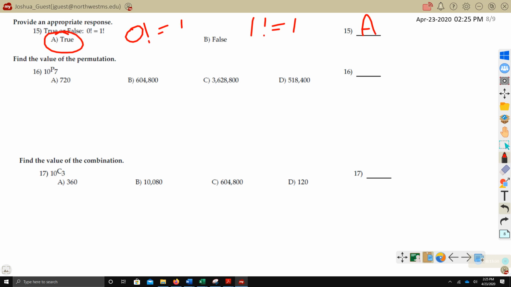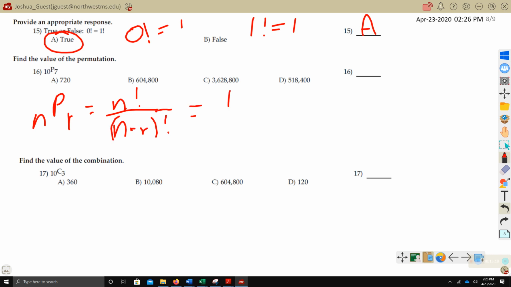All right, so find the value of the permutation 10P7. Look, put it in your calculator. I mean, you just put it in. But if you don't know how to do that, you need to remember the formula then. nPr equals n factorial over n minus r factorial.